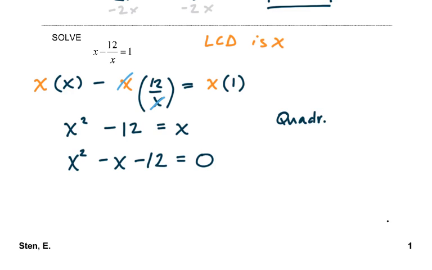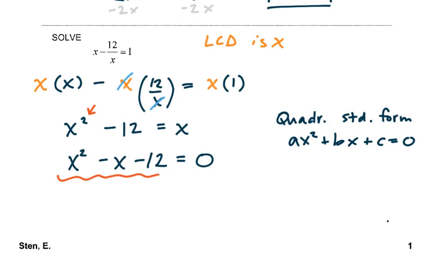So quadratic, standard form, ax squared plus bx plus c equals 0. So working through this problem, as soon as I noticed that x squared, I knew I was going to want something in that format.